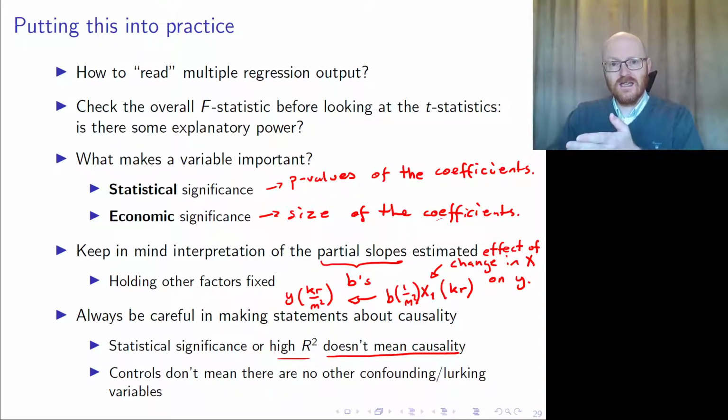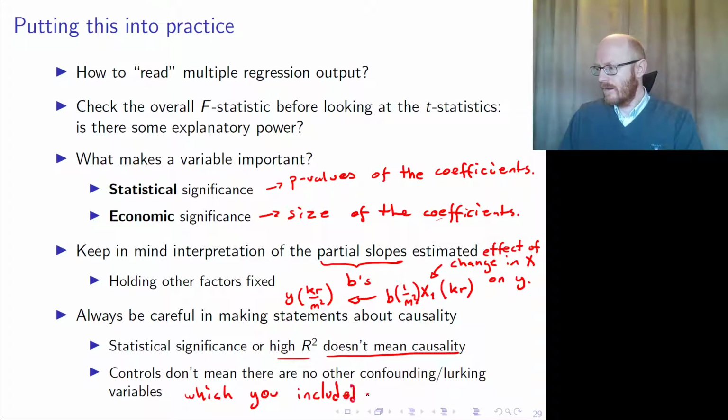The causality can go both ways, and there might be other confounding variables, which are included in the error term.